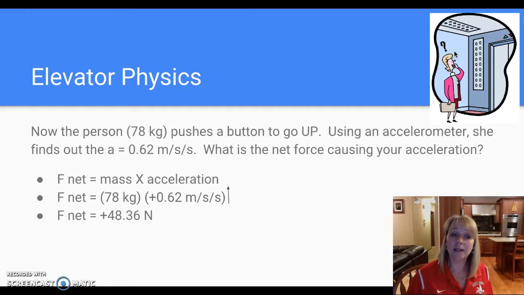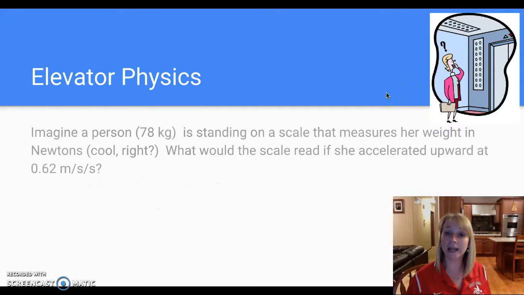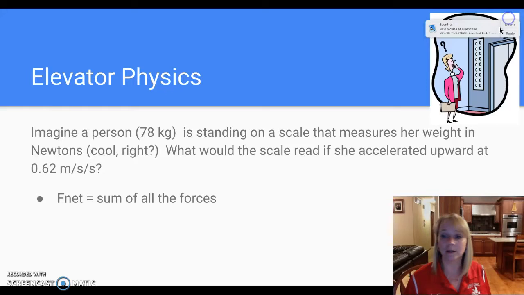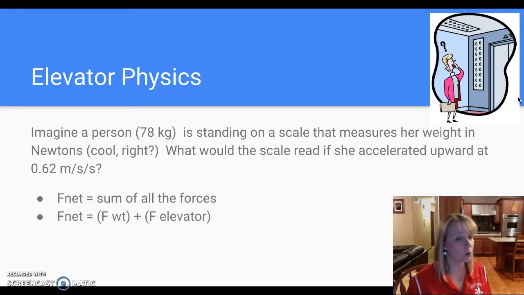Now, if we were to actually put a scale on there to figure out what the weight would be in newtons, your weight would change. If we're accelerating upward at that same 0.62 meters per second squared, what would happen? Remember that the sum of net forces equals your weight plus the elevator pushing back up on you.